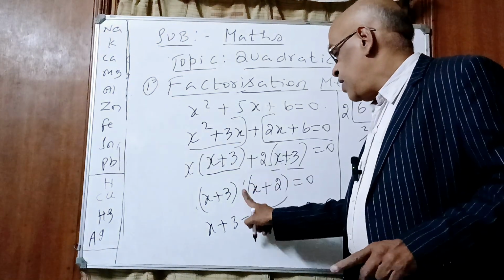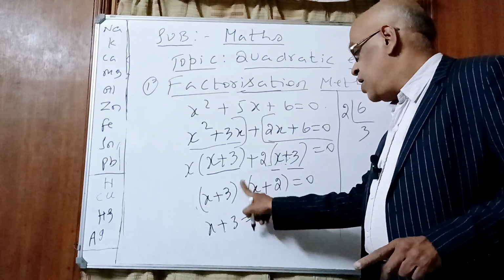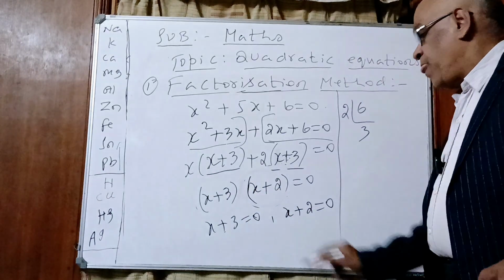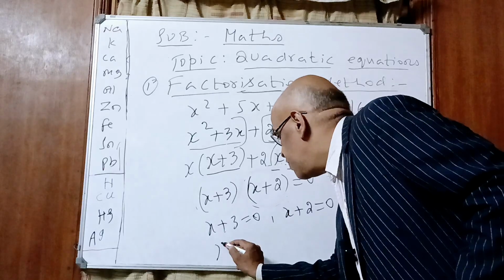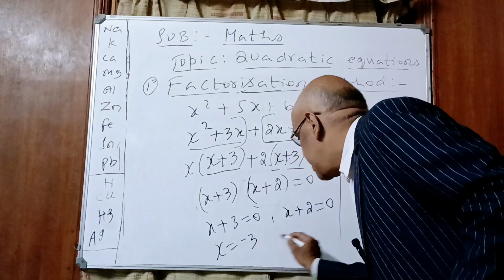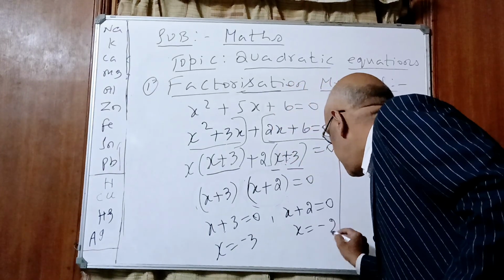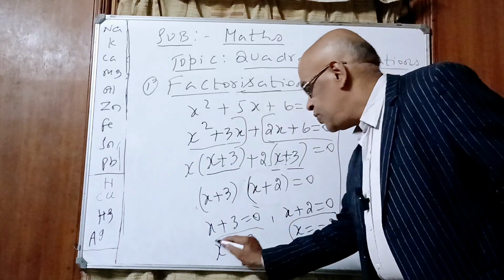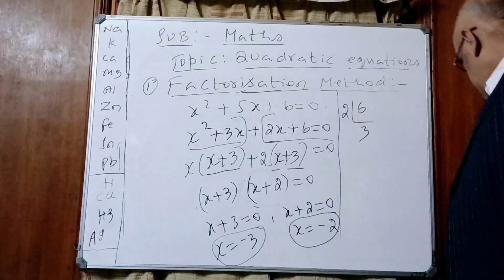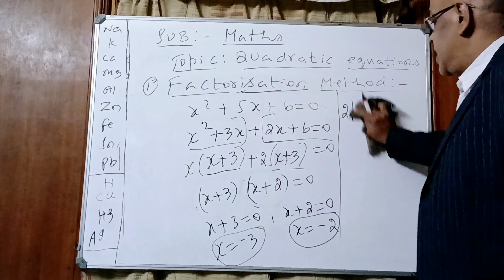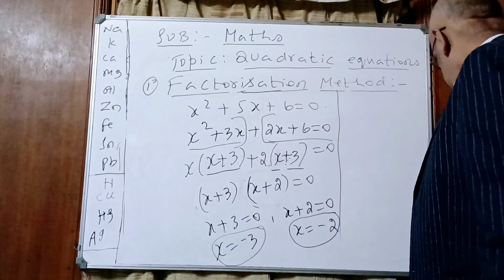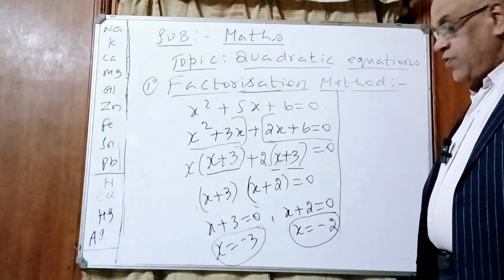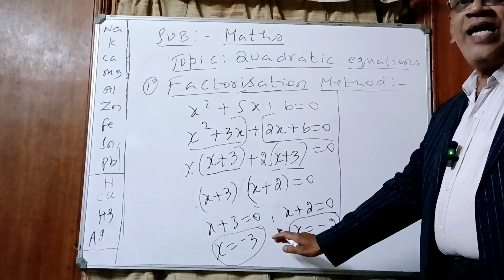That's why, children, fundamentals, basics, concepts are very, very important in quadratic equations. x plus 3 is equal to 0, x is equal to minus 3; x is equal to minus 2. Yes, children, these are the two zeros of the polynomial. Dear children, in the final exam, when the question comes, factorize the following quadratic equation, your question ends here.